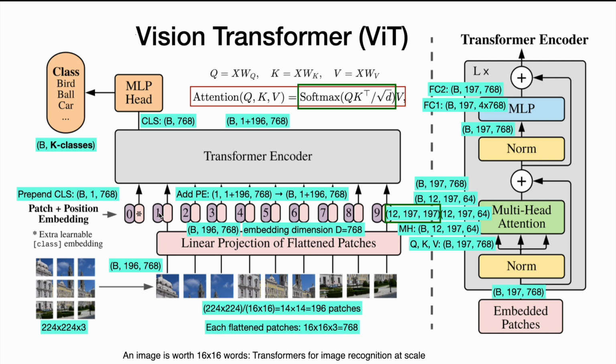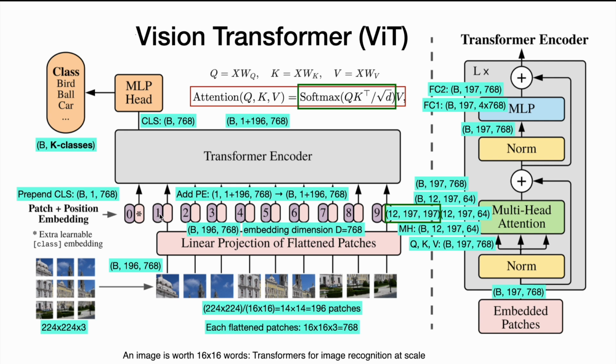For example, this one indicates this patch is on the top left corner of the image, and this patch 2 is the next patch, a patch next to the first patch. So this number 1, 2 is not directly the number 1, number 2.